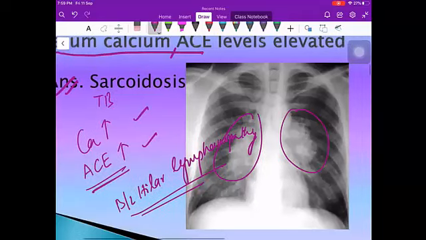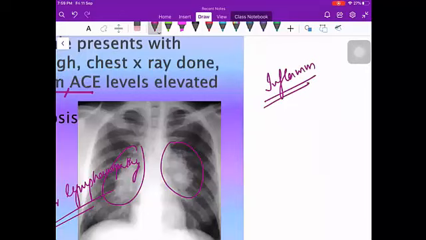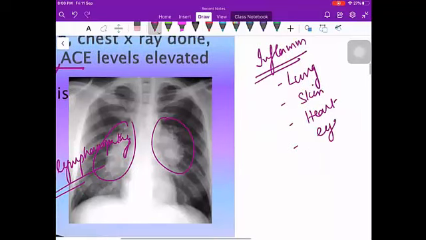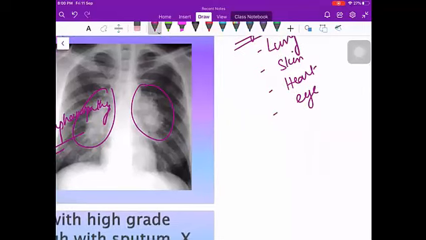So typically this is a case of sarcoidosis. Sarcoidosis is an inflammatory condition which involves the lung in the majority of cases. Then there are skin lesions, there may be involvement of the heart and other areas, and changes in the eye.